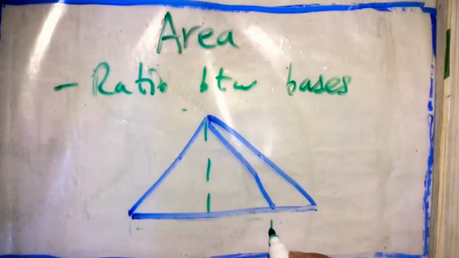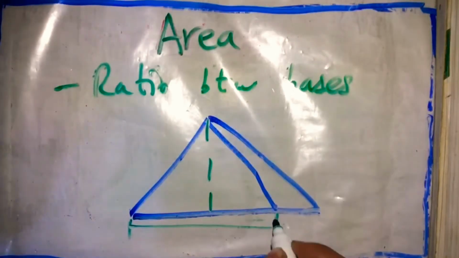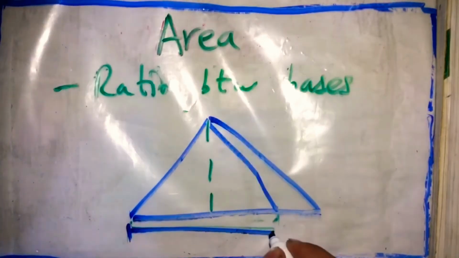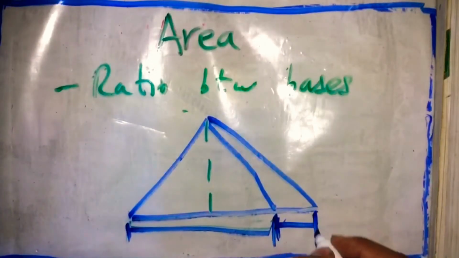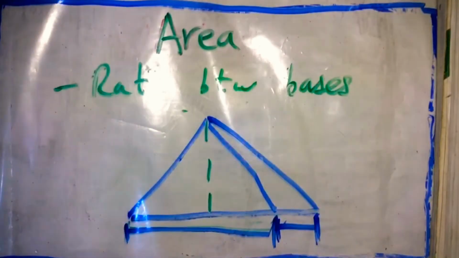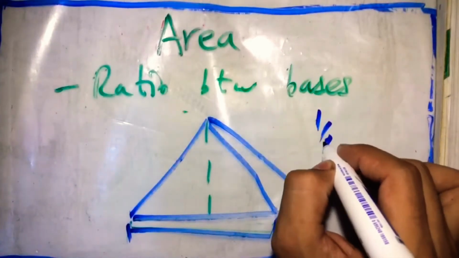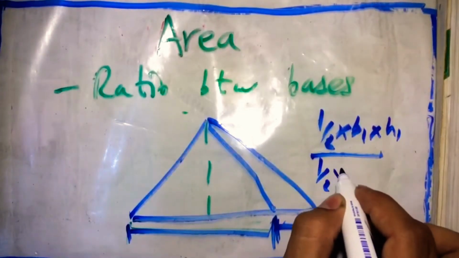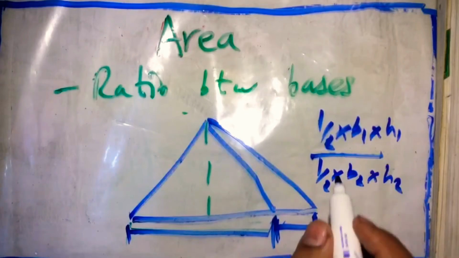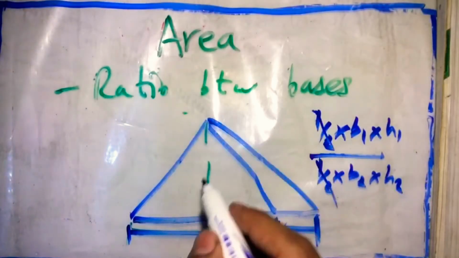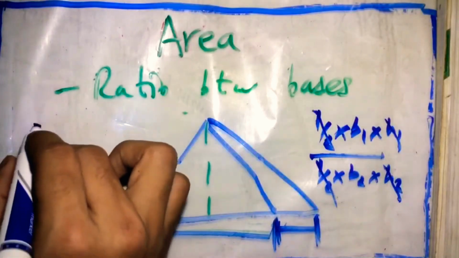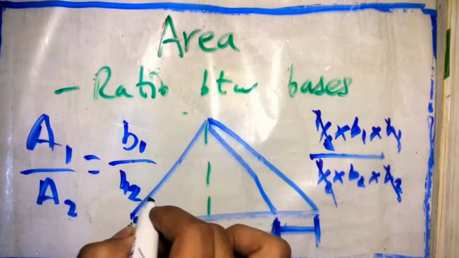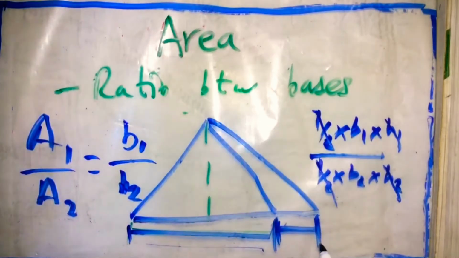The base of the bigger triangle is this, while the base of the smaller triangle is this. Therefore, as area is equal to half into b1 into h1 upon half into b2 into h2, half and half get cancelled. Heights are equal, so h and h get cancelled. So A1 upon A2 equals b1 upon b2. That is this length upon this length.